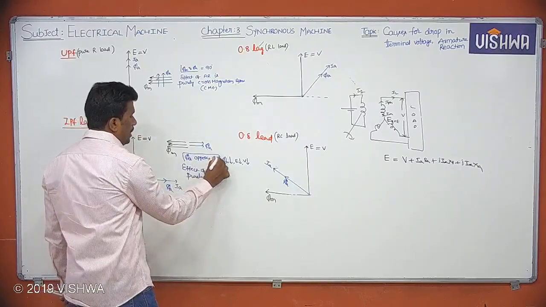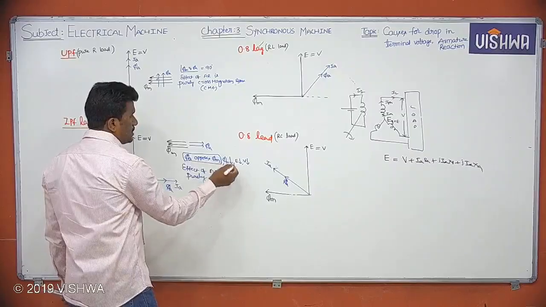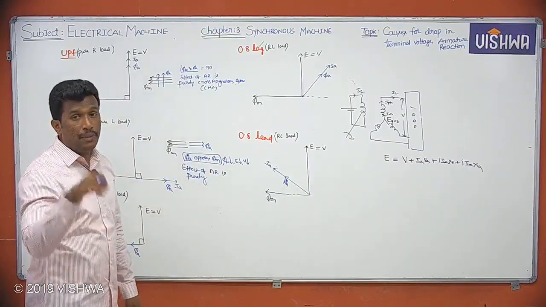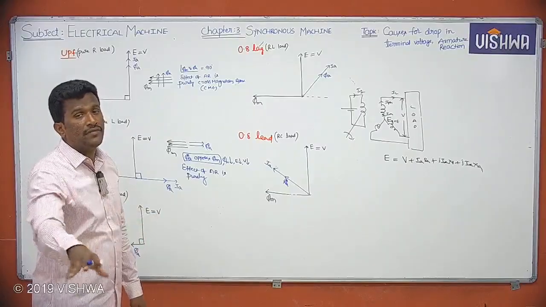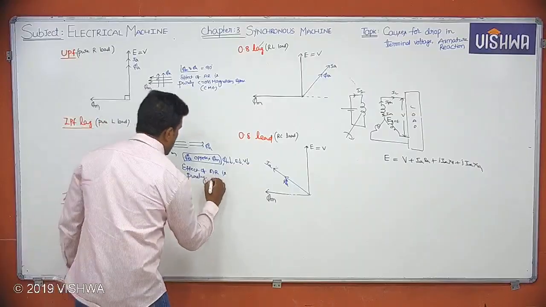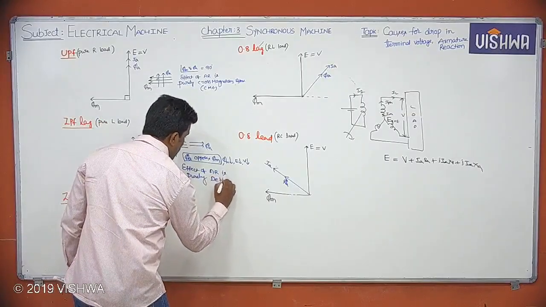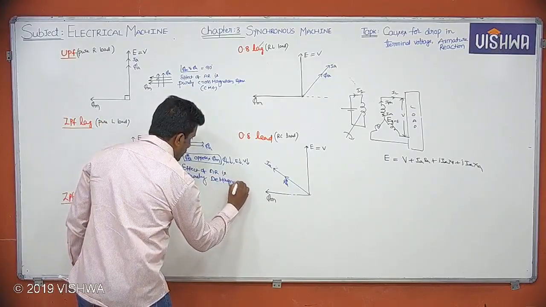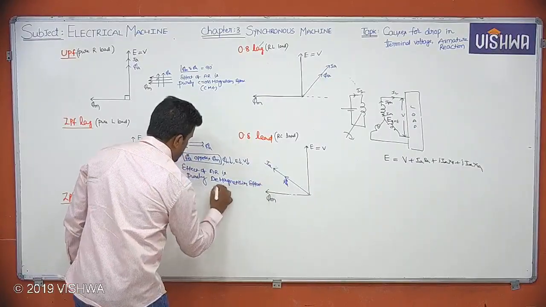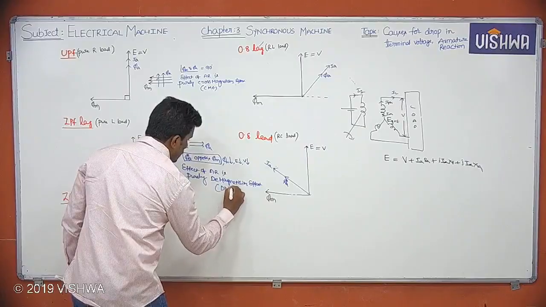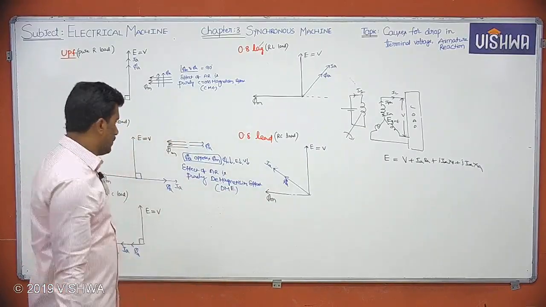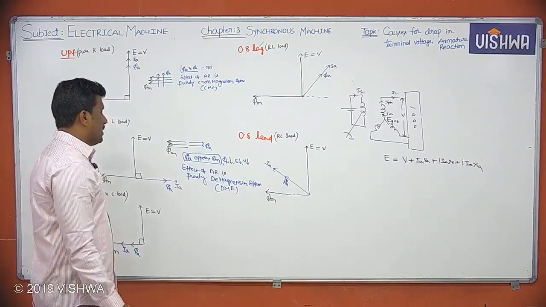Here phi A opposes phi M, net flux is reducing. That's why the effect of armature reaction is purely demagnetizing effect. That means net flux is reducing. The effect of armature reaction is purely demagnetizing effect. From now onwards I will write simply DME in place of demagnetizing effect, right? So the effect of armature reaction is purely DME, right?